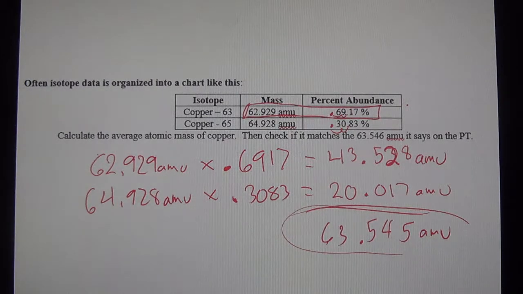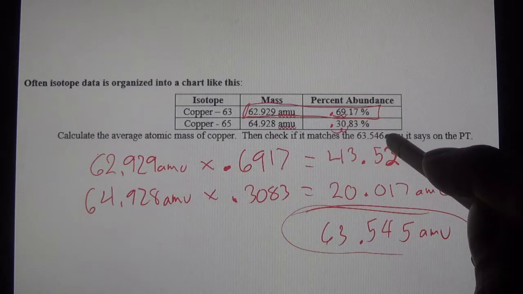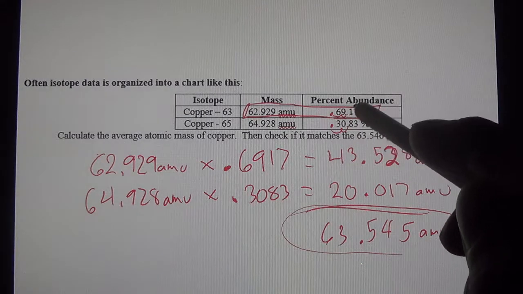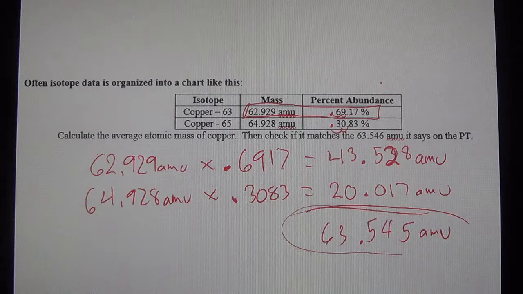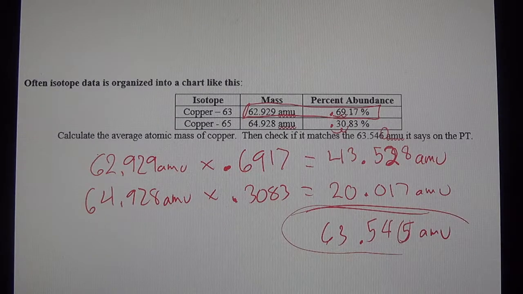So how close did we get? We got really close. What's the difference? Well, the difference may come from two things. Number one, maybe the periodic table rounded less than I did, because the percent abundances only go to the hundredths place. Maybe they used numbers that went to the 10,000ths place or something. That would make a small difference, the difference between that 6 and that 5.